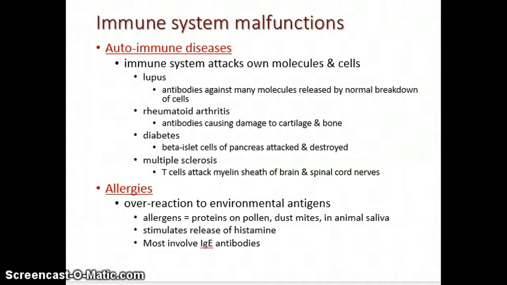So then when a pollen grain enters the body through our nose and attaches to the antigen binding site of the IgE on the mast cell, then that antibody receptor is going to trigger the mast cell to release a lot of histamines and other inflammatory chemicals from vesicles within the mast cell that are called granules. So this will lead to what we typically see as allergy symptoms like sneezing, runny nose, teary eyes, and smooth muscle contractions that can result in difficult breathing.